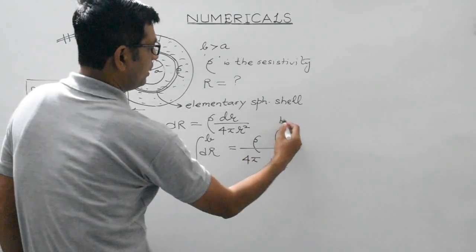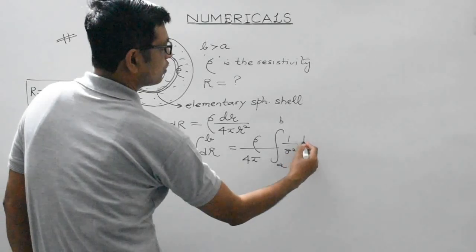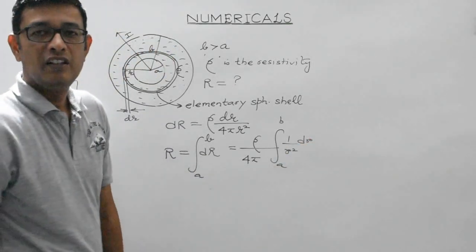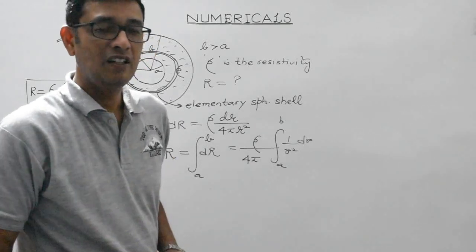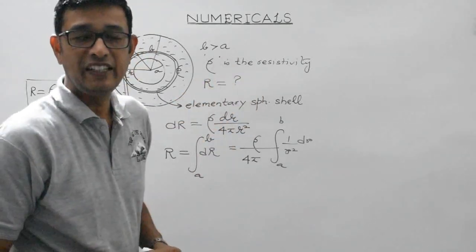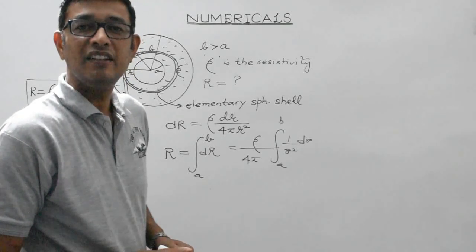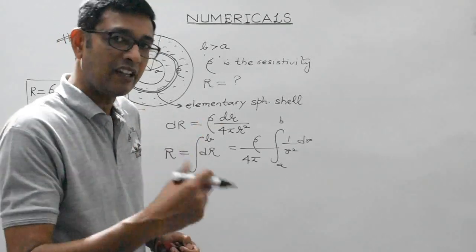Integration from a to b of 1 by r square dr. Now the integration of 1 by r square with respect to r is minus 1 by r. Make use of the formula: integration of x to the power n dx is x to the power n plus 1 divided by n plus 1.